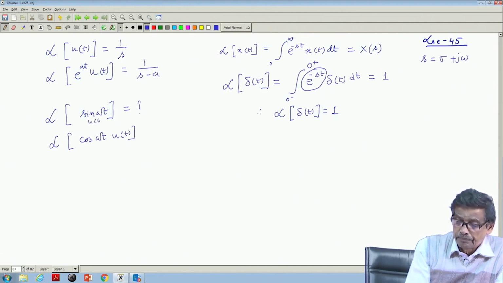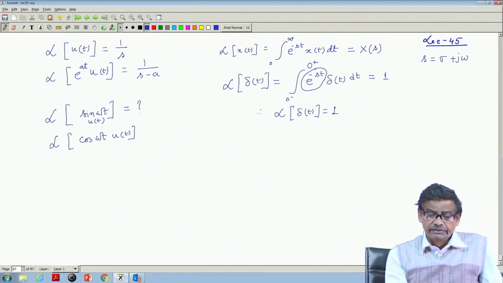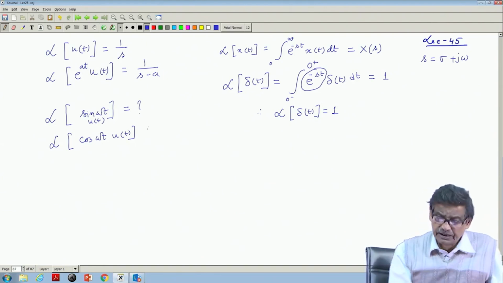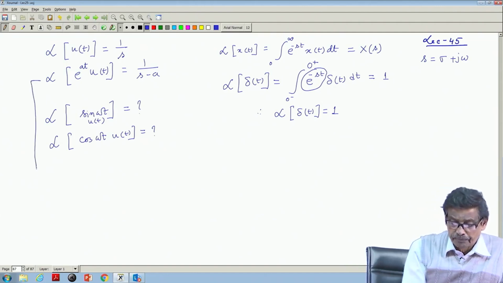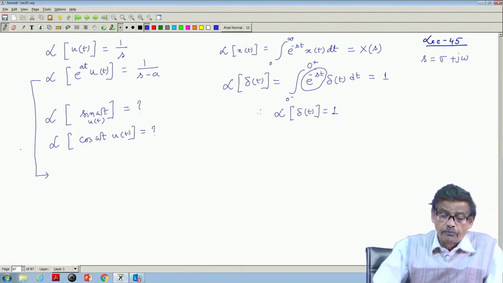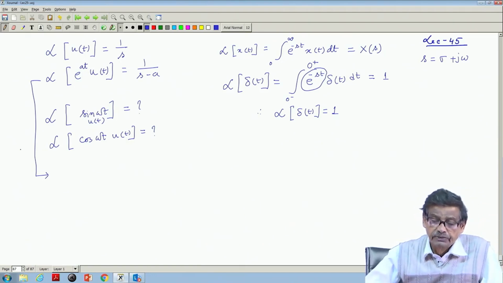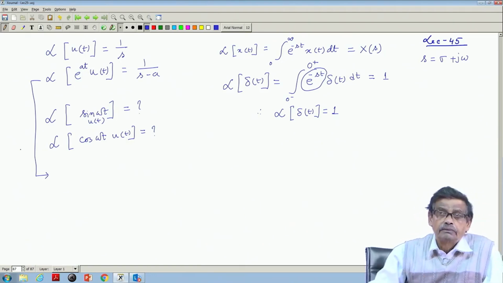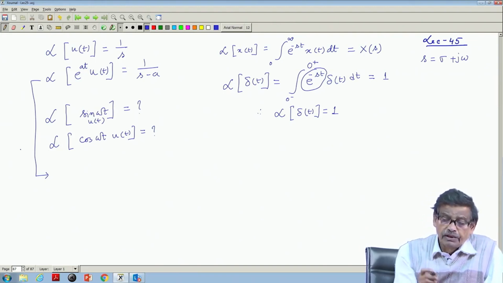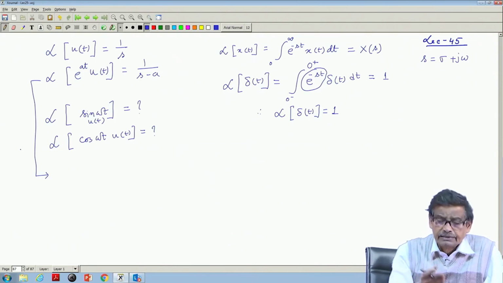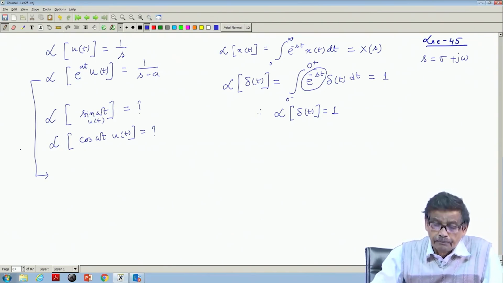These can be derived very easily, and I will take recourse to this formula: the Laplace transform of e to the power a t u(t) is equal to 1 by s minus a, where a could also be imaginary; it does not matter, a is some constant number.